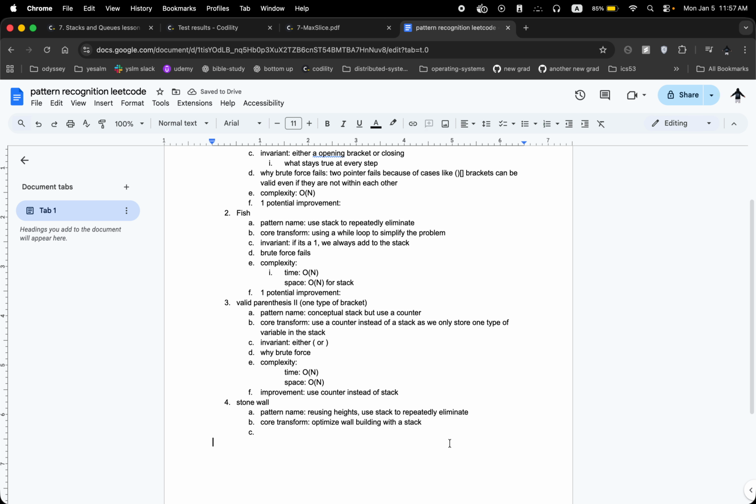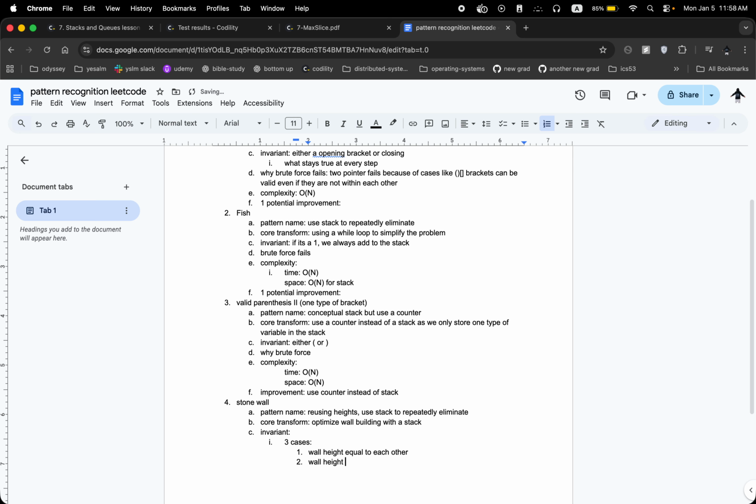Recognize that the invariant is what stays true at every iteration. There's three cases. One, wall height equal to each other.